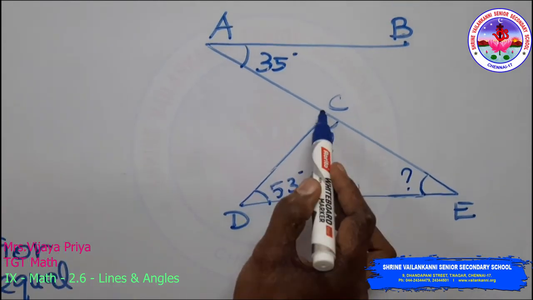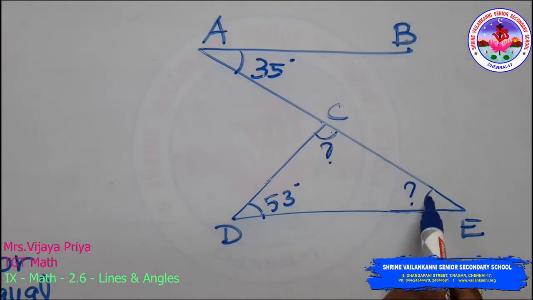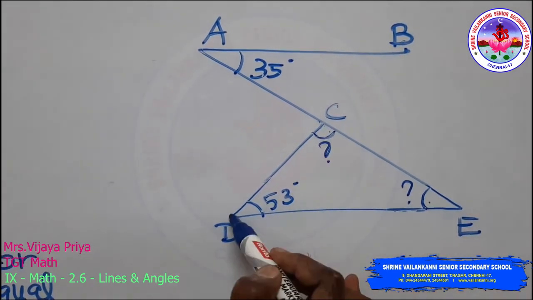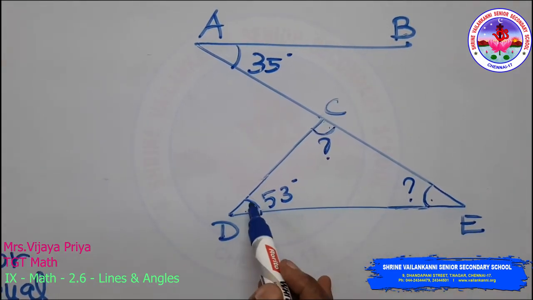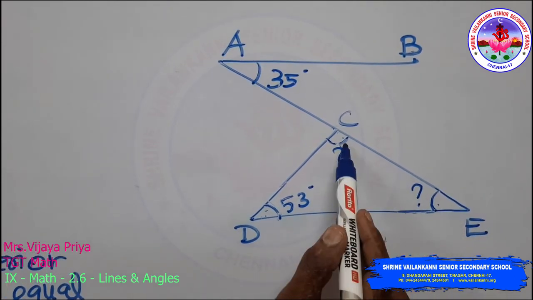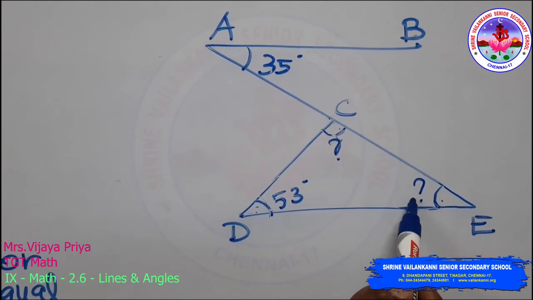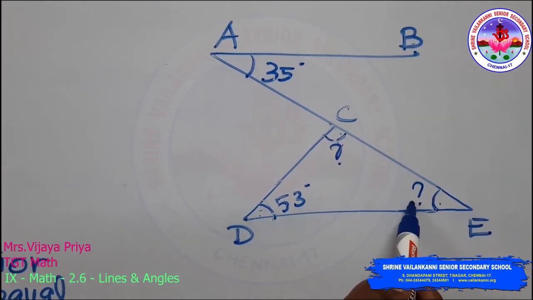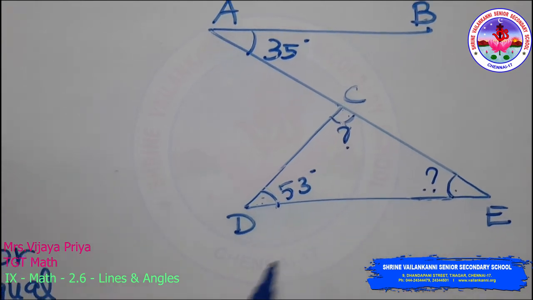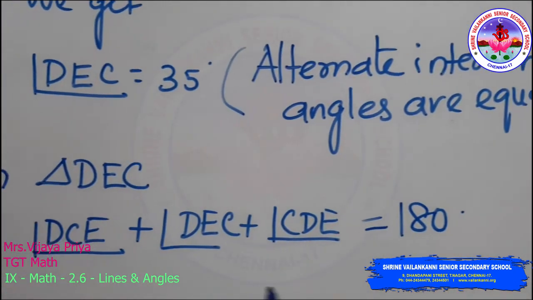So DCE represents angle C, DEC represents E and CDE represents angle D. So I am going to use my angle sum property in this triangle to find this angle. We have got this angle as 35 by using alternate interior angles, so I am going to substitute the value in this. So this angle sum property is equal to 180 degree.